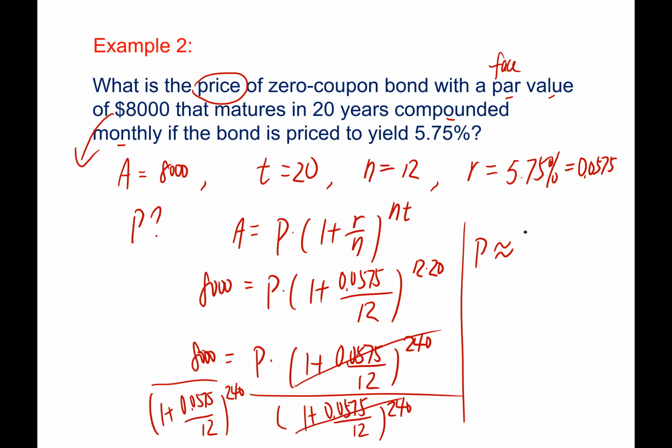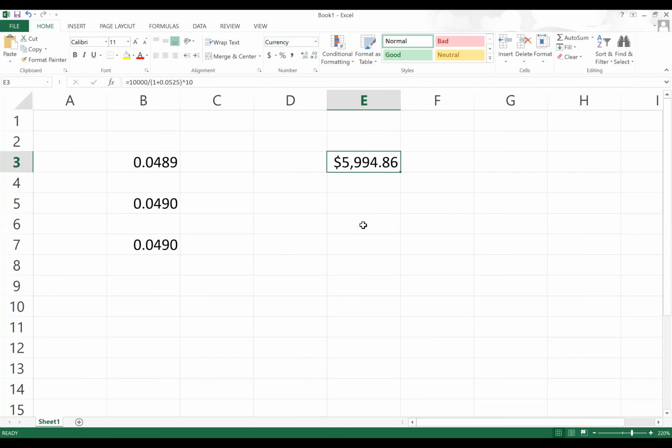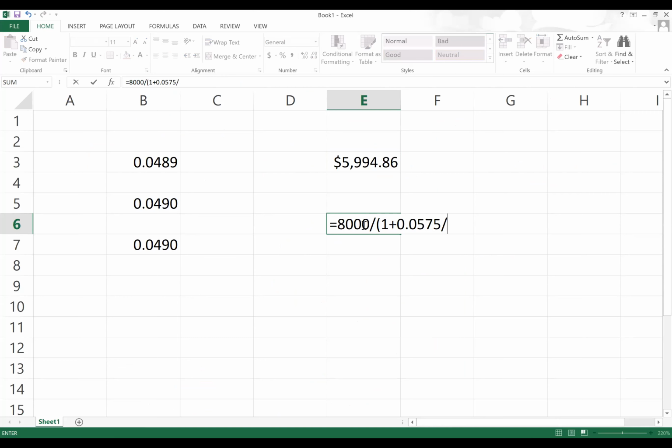And you put it into the Excel calculator to get the principal amount. So let me show you what that is. We do 8,000 divided by 1 plus 0.0575 divided by 12, raised to the 240 power. And that should give you the result directly.